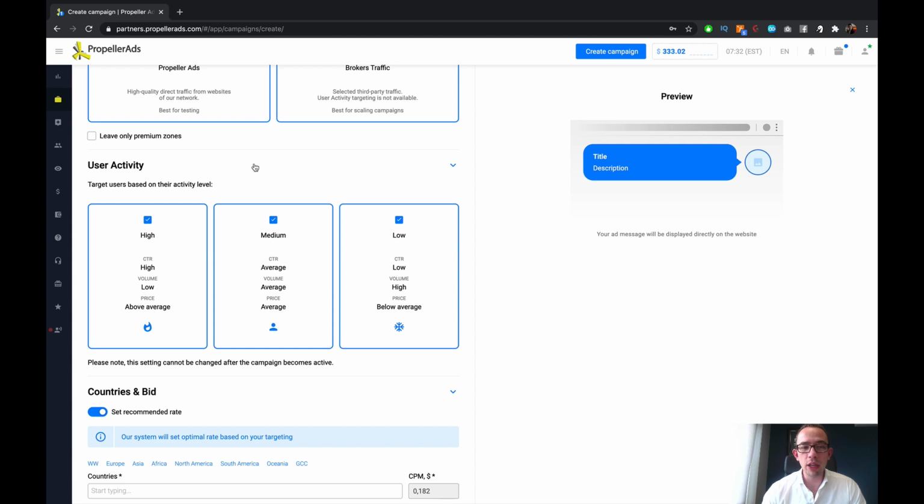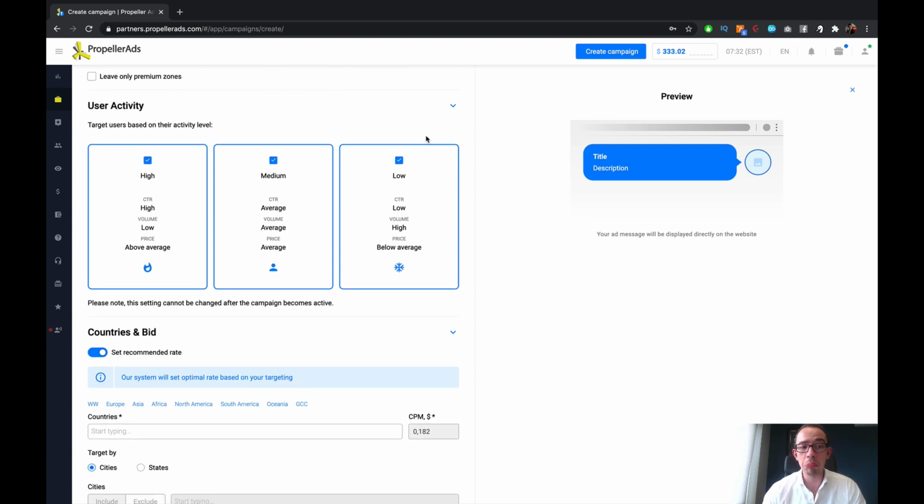Then we have user activity, which is one of the more important ones. Obviously, the more active the user is, in terms of they have seen fewer ads, usually they're more fresh in the database, the more expensive it is to show them the ad, right? Because the intent of click, the intent of conversion is a lot higher. So you have high user activity, click-through rates are high, volumes available are low, the price is above average.